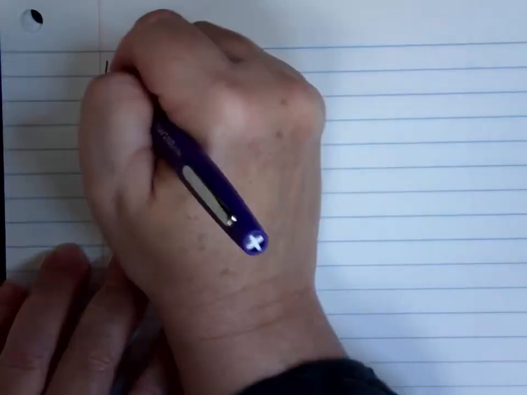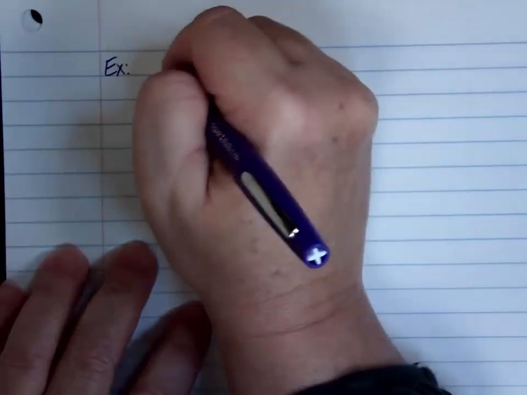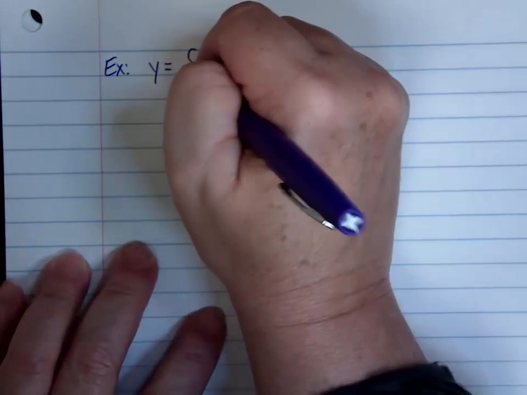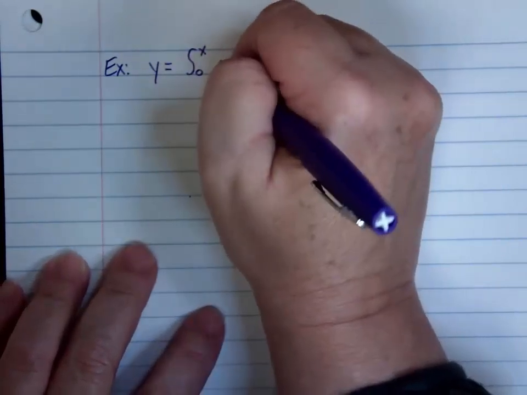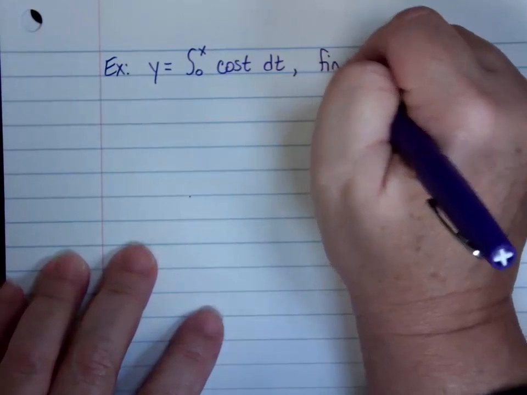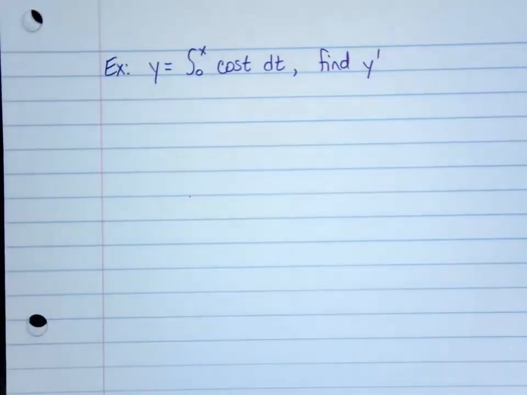First example, let me show you how this is used. I have a function y that is the integral from 0 to x of cosine of t dt, and the directions say find y prime. So we're going to do this the long way at first, which is not very long, and then I'm going to show you the quick one-step short way.